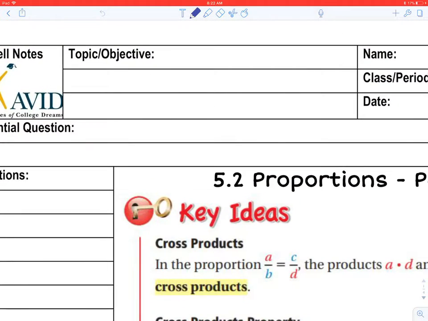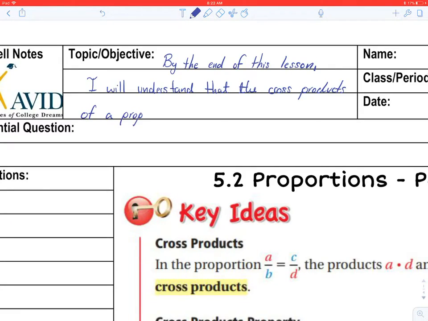So for the topic objective, by the end of this lesson, I will understand that the cross products of a proportion are equal.